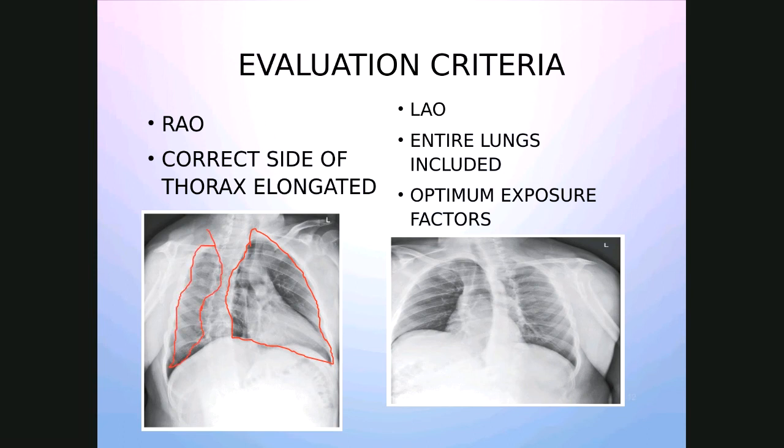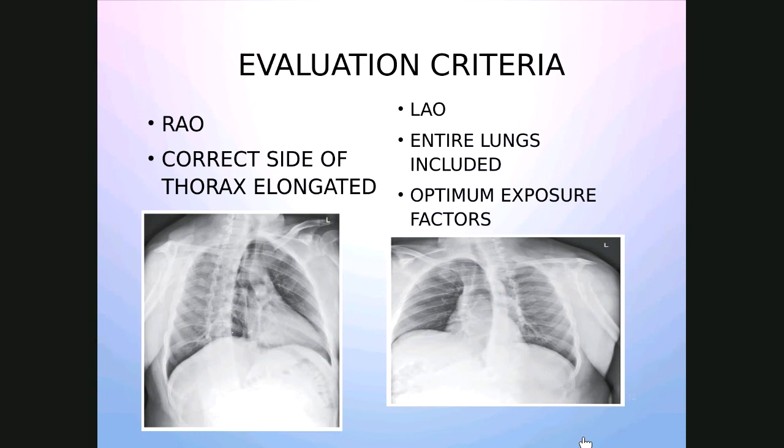So much more of the left lung is demonstrated versus the right lung. Okay, and on this LAO, you can see right here, they're demonstrating the right lung. All of this is the right lung, and then this is the left lung. So you're demonstrating the lung farthest from the image receptor or farthest away from the board for AO obliques.